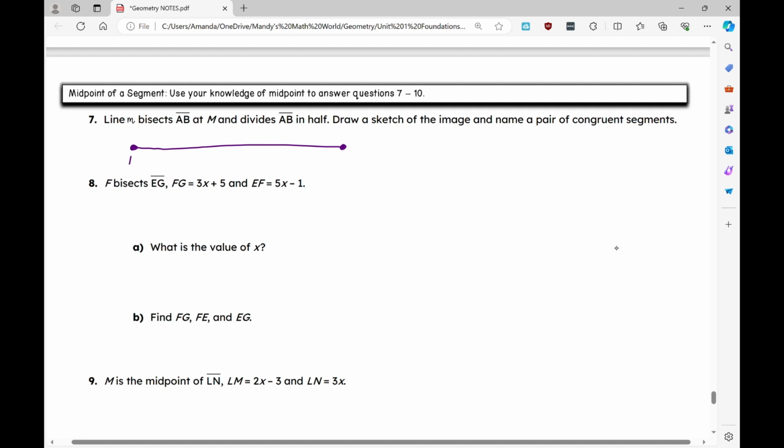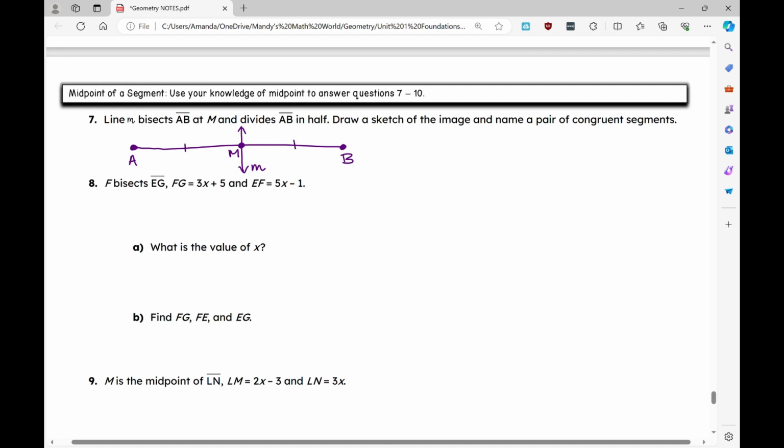That is a huge line, but here we go. Segment AB, line M bisects it, so we're going to split it in half at point M, and it splits the image into two congruent segments.